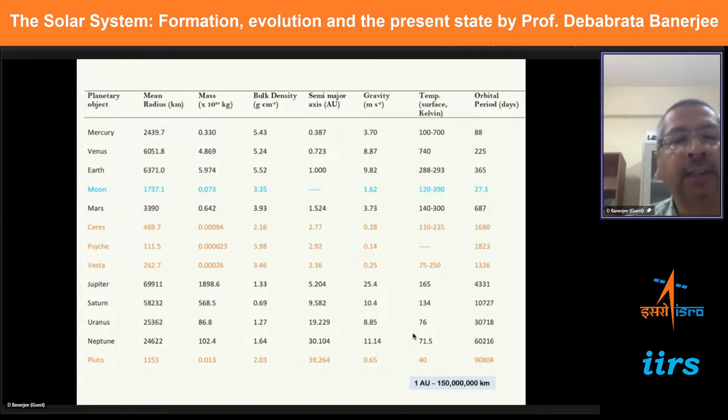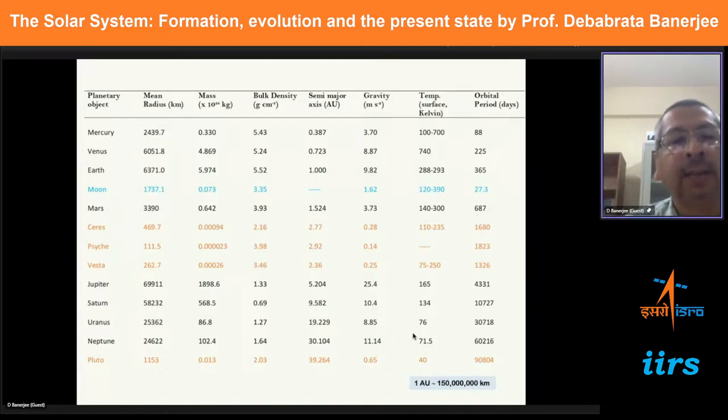And then you have the gas giants in the outer solar system, Jupiter and Saturn, and then the ice giants, Uranus and Neptune. And Pluto is now considered a dwarf planet alongside Ceres, Psyche, and Vesta. Amongst the dwarf planets, you can see Psyche is just a 111-kilometer body.